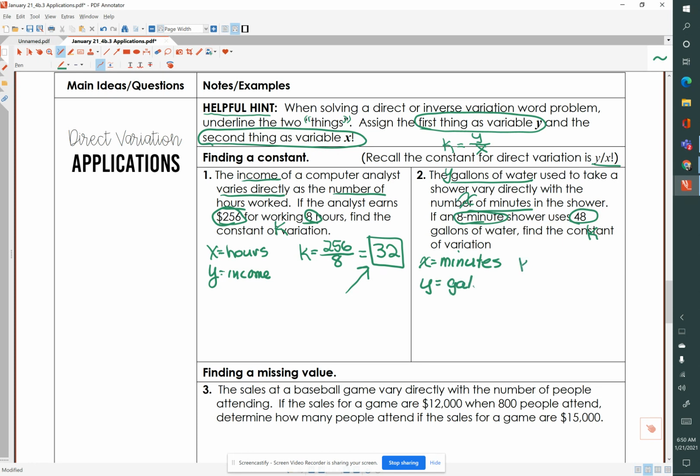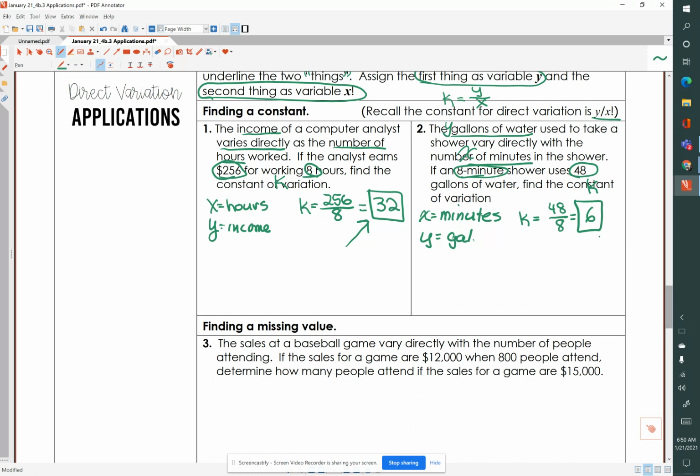So k equals y over x. Our y is 48 gallons. Our x is 8 minutes. And we simplify that. 48 divided by 8 is 6. So the constant of variation is 6. That means that per minute, the shower uses 6 gallons of water.